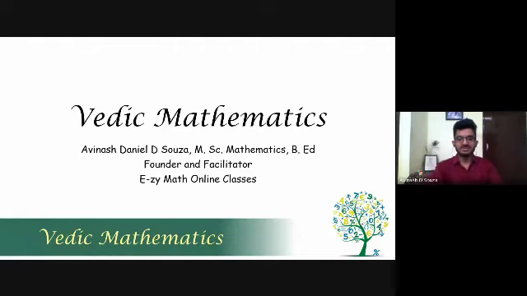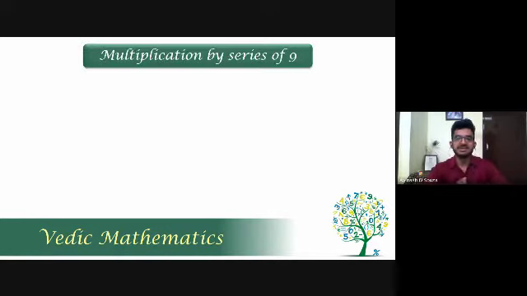So as I believe you all remember the technique which I had given you yesterday. We started with discussing multiplication of any number with a series of nines, and we discussed the very first case, when the number of digits in the multiplicand and the number of digits in the multiplier are one and the same. I hope you remember the technique.